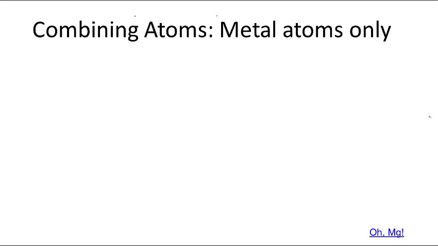Now, take what we know about metal atoms. Metal atoms have a weak hold on valence electrons. Remember that term electronegativity? That's a 17-letter word that just means how strongly they hold on to their outside electrons.